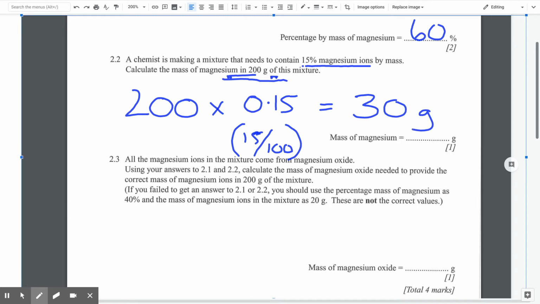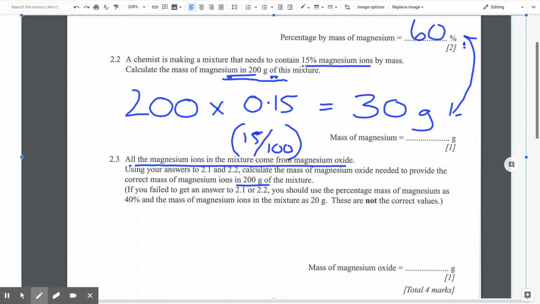We're then going to use both of these answers, the 60% and the 30 grams, to work out a slightly more complicated example. If the mixture is to contain 30 grams of magnesium, and all of that magnesium, as it says in the first sentence, is going to come from magnesium oxide, then how much magnesium oxide am I going to need to add into 200 grams in order to generate that correct amount?